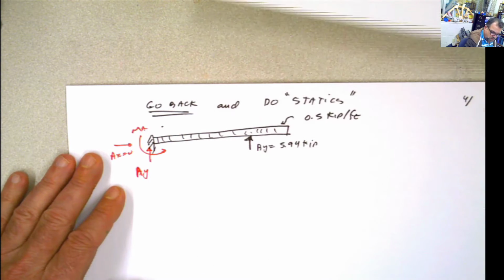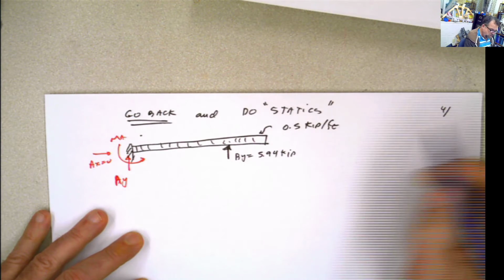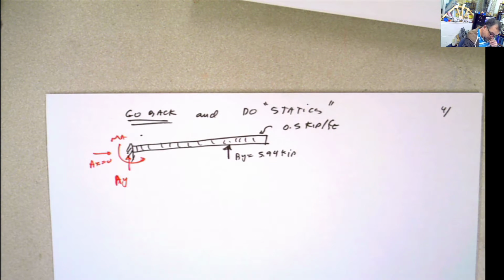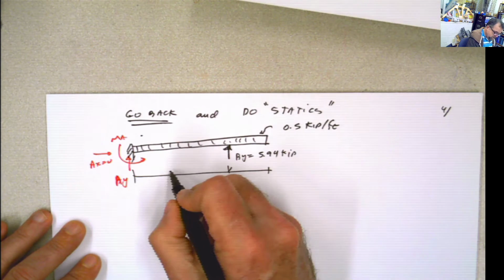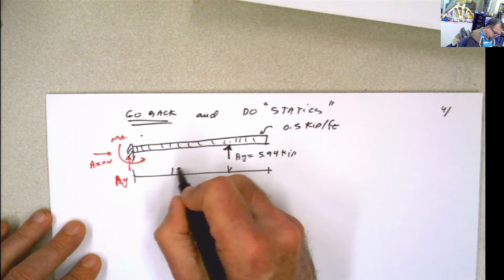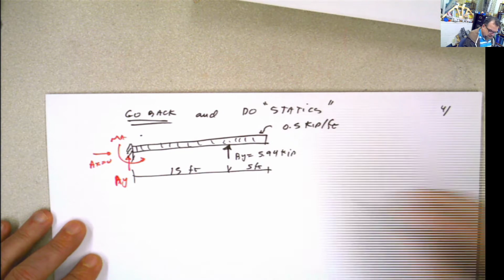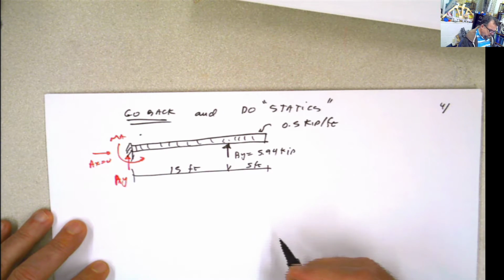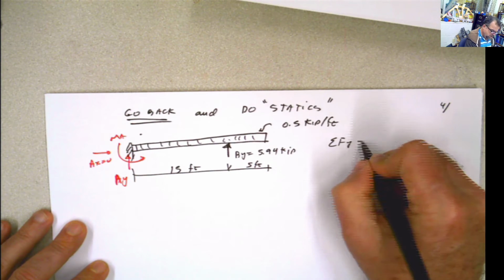Now what do we do? Do statics, as I said. First I need the distances. 15, right? Yeah, 15, 5, like that. And we can do summation of forces in Y equals 0.